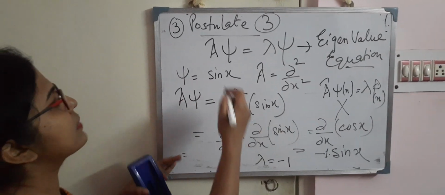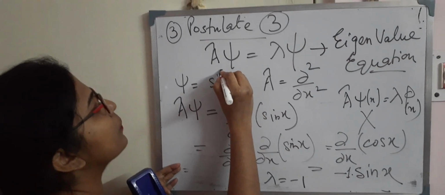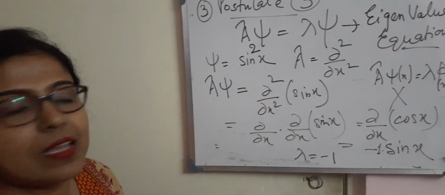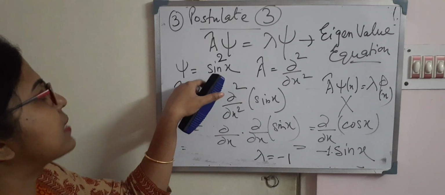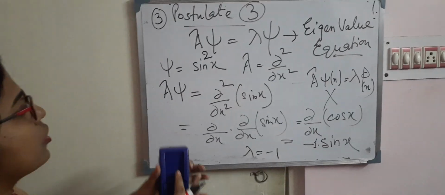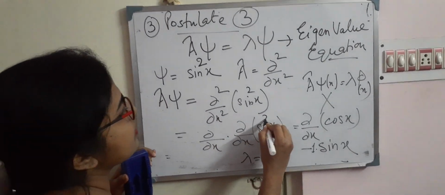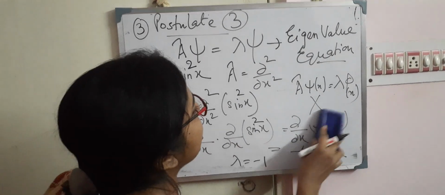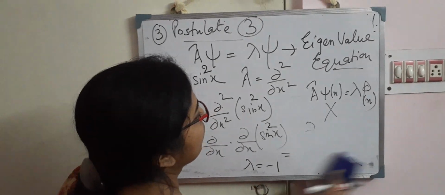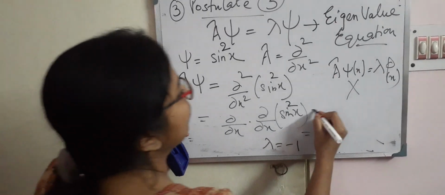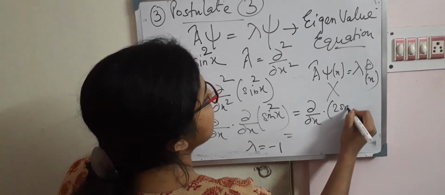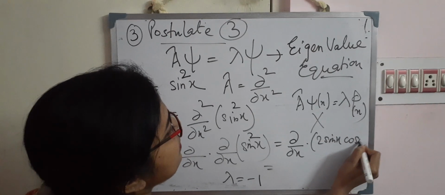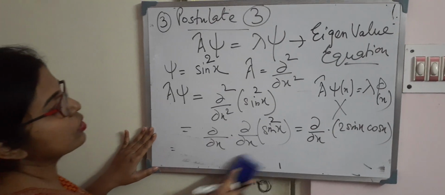Now I give you another example. Say the function, instead of sin x, is sin square x, and the operator remains del 2 del x square. Let us see whether sin square x is an eigenfunction or not. If you differentiate sin square x, you get del x of 2 sin x cos x. You also just do it with me.